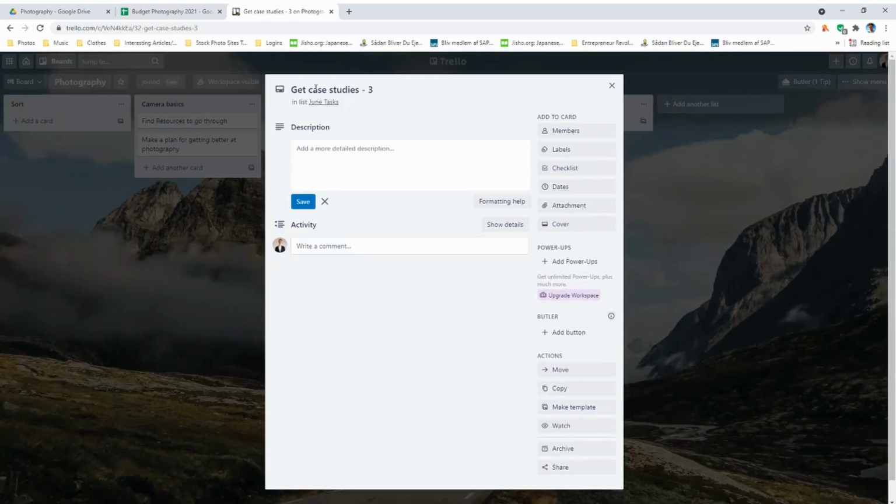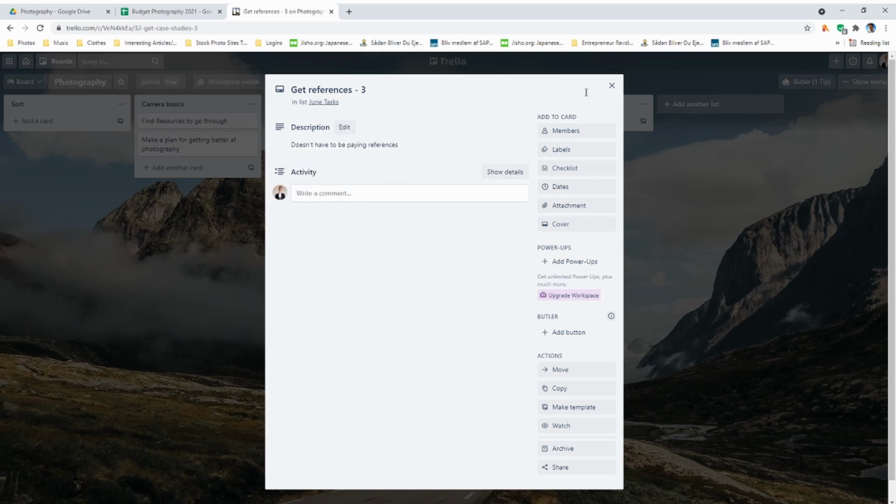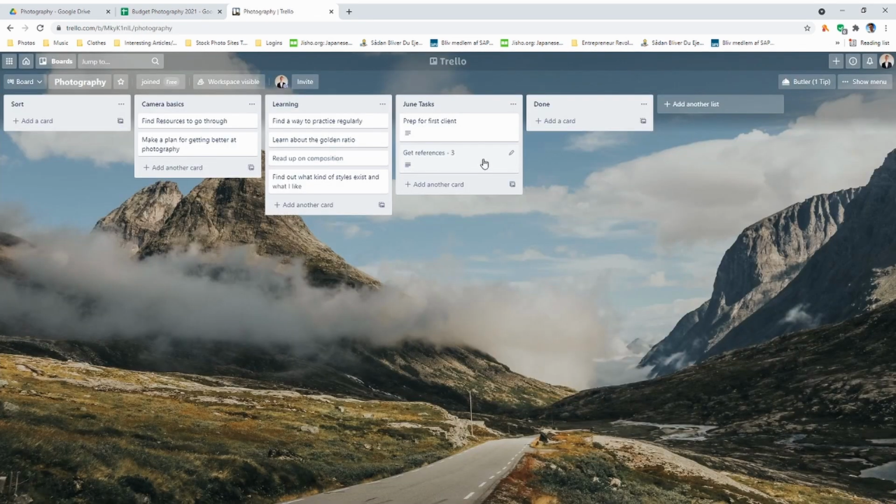We want 3 references. Doesn't have to be paying references. Perfect. Now, it doesn't really matter who this is. It's basically anyone whose work we can put on the website, and we can refer to if our first paying customer wants to just check that we're actually professional and we do our jobs well.